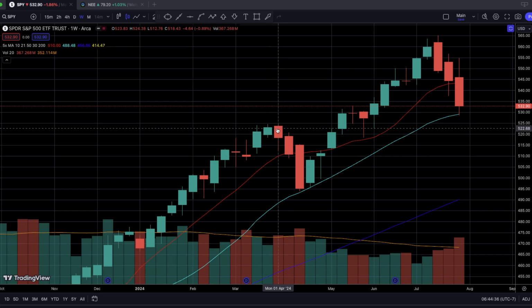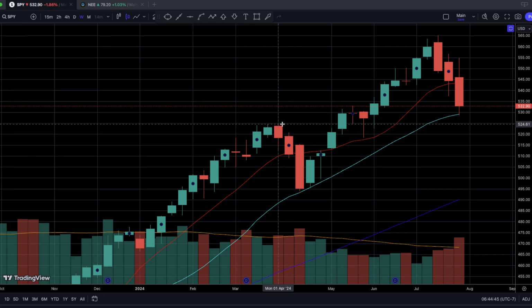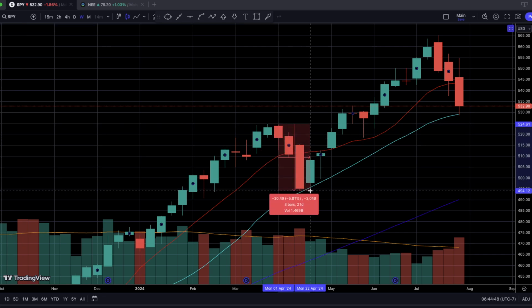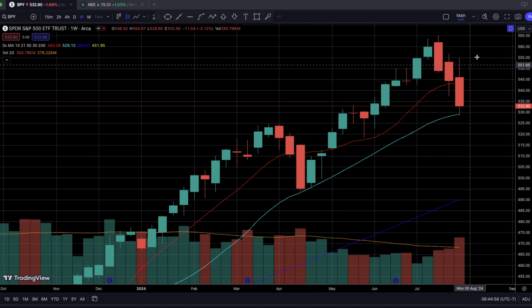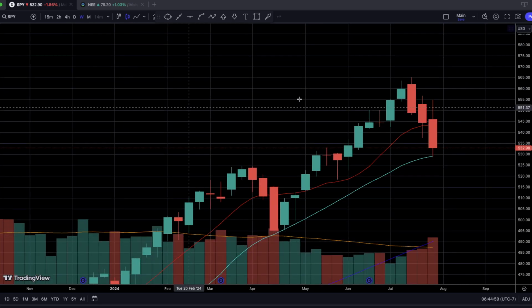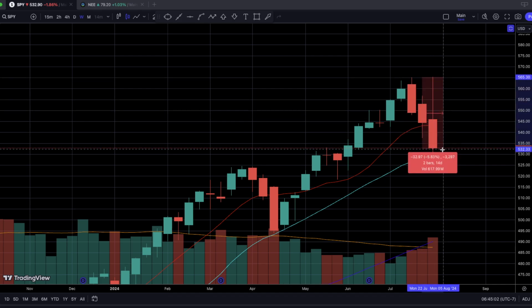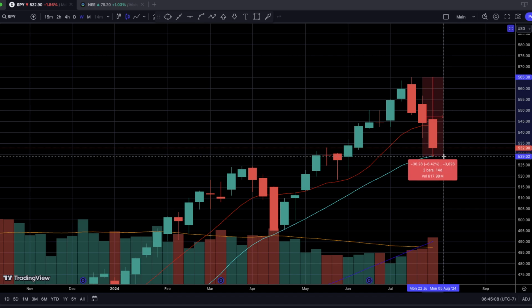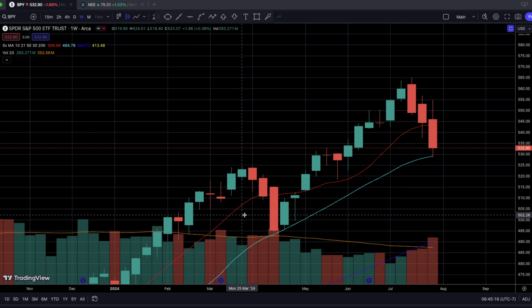When we had this nice pullback in April, we had a move to the downside of about negative 5.80%. With the current move to the downside, we have about a negative 6.40% move. So this is pretty similar to what occurred back in April.